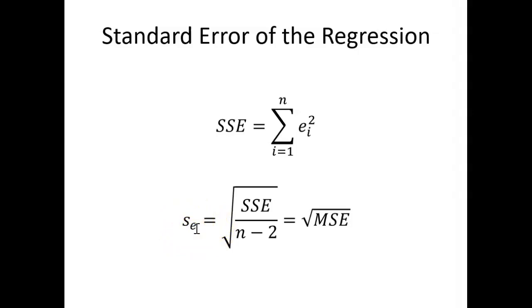Okay, so the standard error of the regression is equal to the sum of squares for the error terms, which is our measure of the unexplained variation, divided by the degrees of freedom for the error sum of squares, and the square root of that. So it's the square root of the mean squared error. Okay, that's what we call the standard error of the regression.